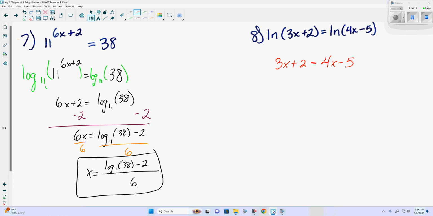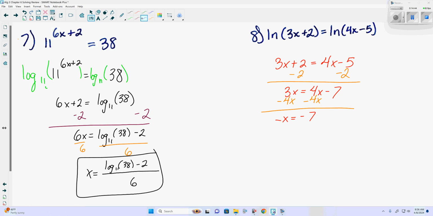Yes, we can subtract 2 from both sides, telling us 3x is equal to 4x minus 7. Well, wrong color, but we'd subtract 4x. 3x minus 4x is negative x, is equal to negative 7.